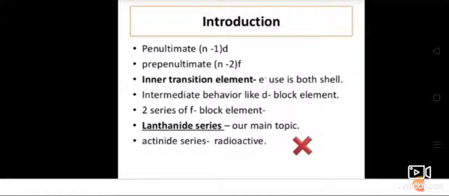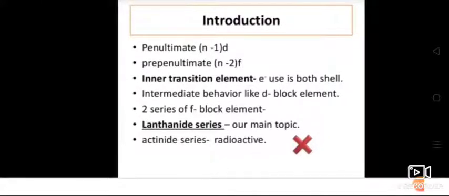Next one, F block elements. If you see, the general configuration of F block elements is (n-2)f1 to 14, (n-1)d0 to 1 and ns2. So in this electronic configuration, the f, d, s orbitals are all covered.